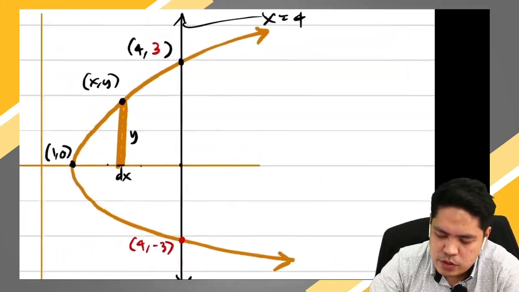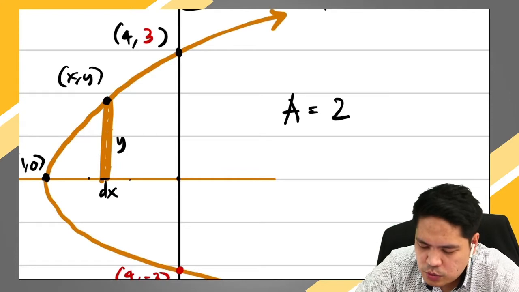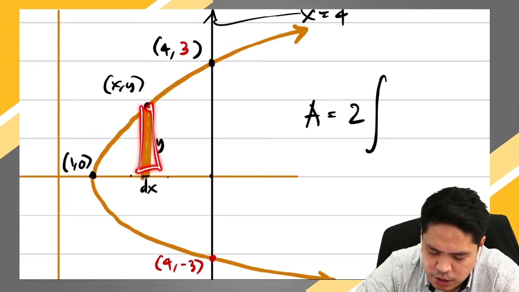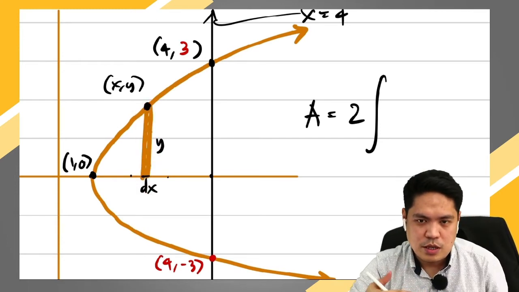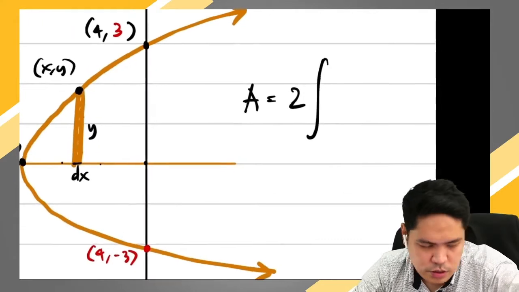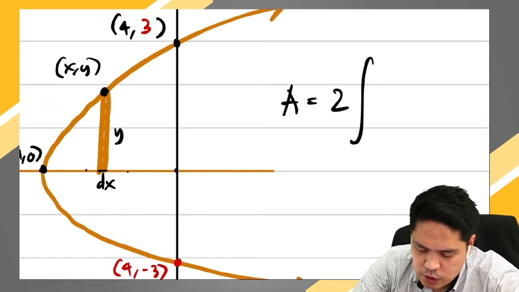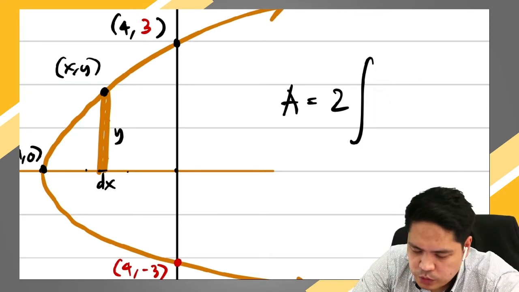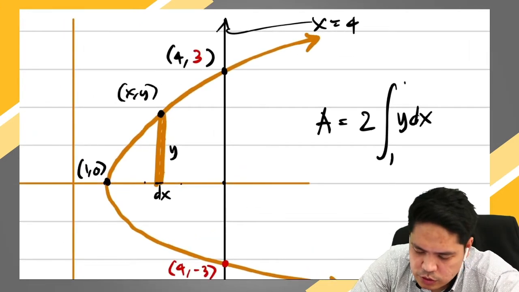That's it. So, our equation now for the area is just the area is twice the integral of this strip. Twice because we have two areas that are identical or symmetrical. So, area is twice the integration of the strip y dx from 1 to 4.